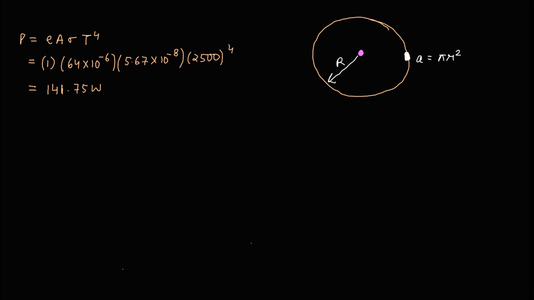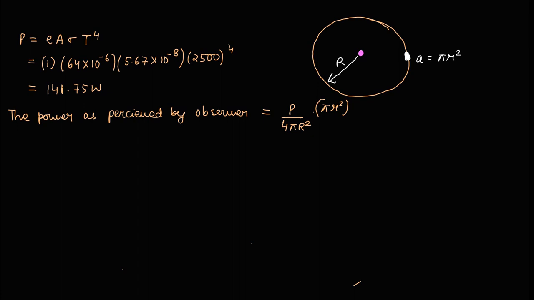So over here, if I write the power perceived by the observer, I'm saying that this entire power is radiated in this bigger area, that is equal to 4 pi R square, and that perceived by the pupil is equal to pi small r square.